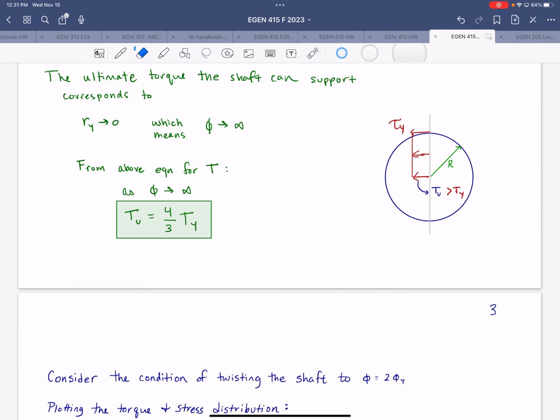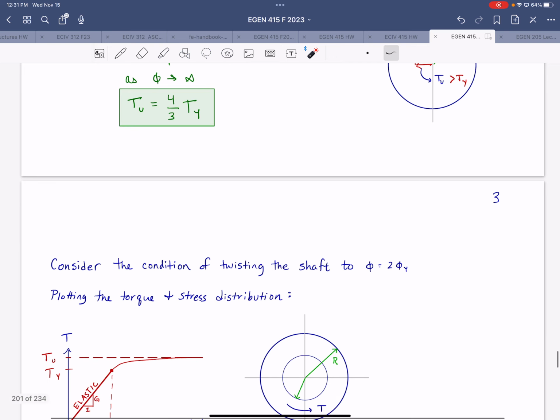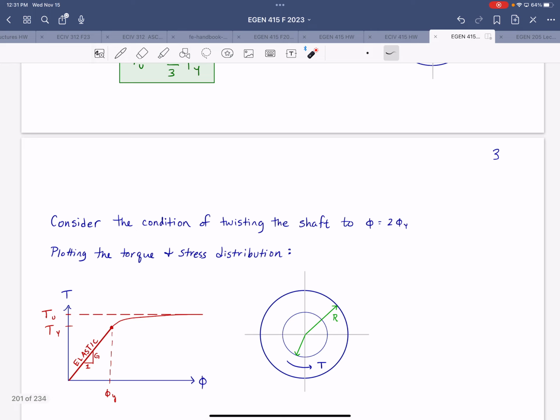All right, so now let's think about twisting this shaft to an angle that is 2 times the initial onset of yield angle, and determining the condition of the shaft at that point and the stress distribution.